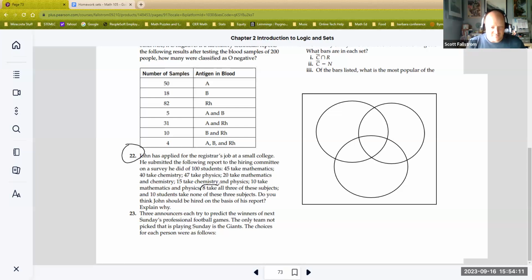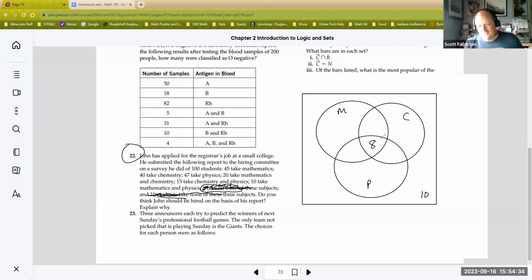What do we know if we do problem 22? Well, I know 8 people take all 3 subjects. What are my subjects? I have math, chemistry, and physics, okay? 8 take all 3, so I'll put the 8 in the middle. Okay, that takes care of that one. And then it says what? 10 people take none of the subjects. Okay, so it's 10 sitting out here. 10 take math and physics.